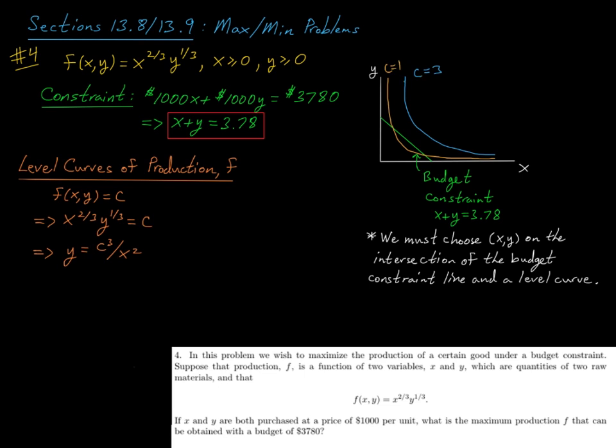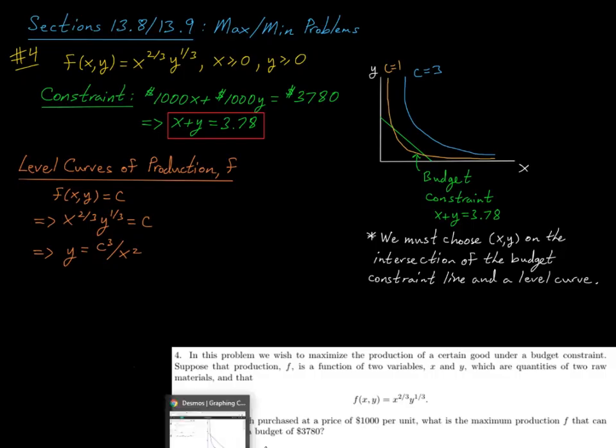Now notice all the points on the blue level curve where c is equal to 3 lie above the budget line. So if I were to use any (x, y) combination coming from a point on the blue level curve, I'd actually be exceeding the budget. So in fact, it's not possible for us to have a production level of c equals 3.